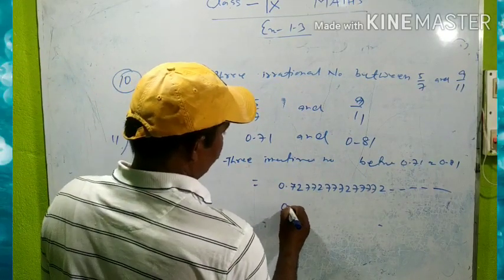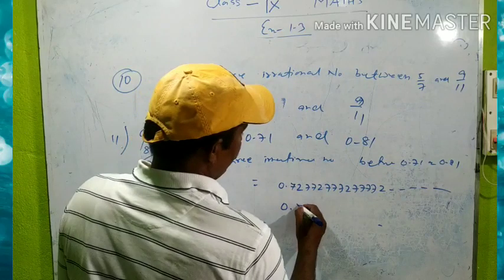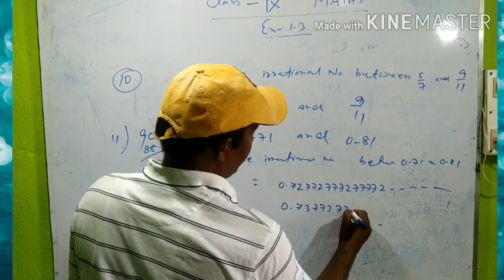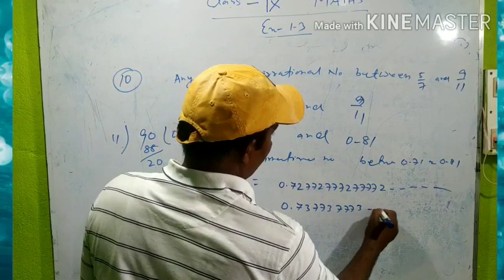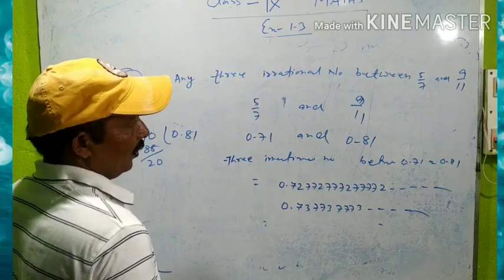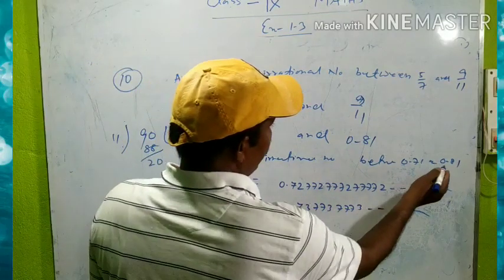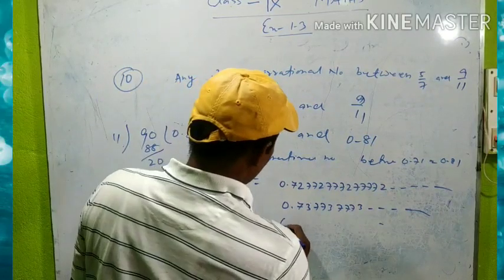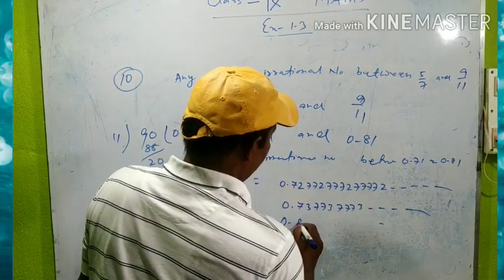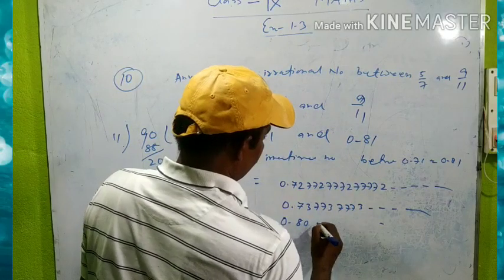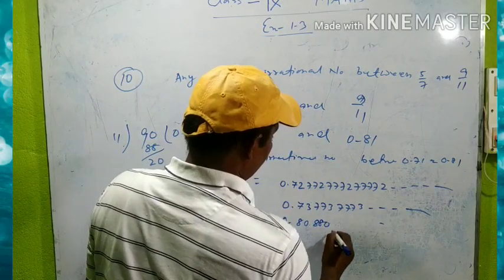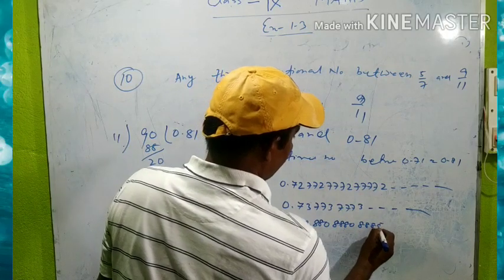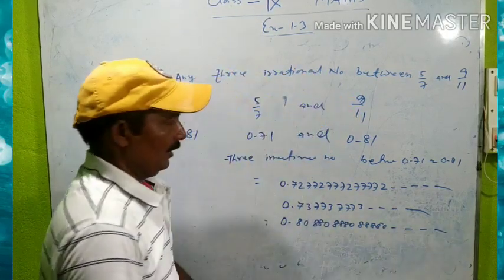Second, 0.73, 0.73773777, like that you will write. Or before 0.81 you can write 0.80, 0.80880888, like that you can write any three.